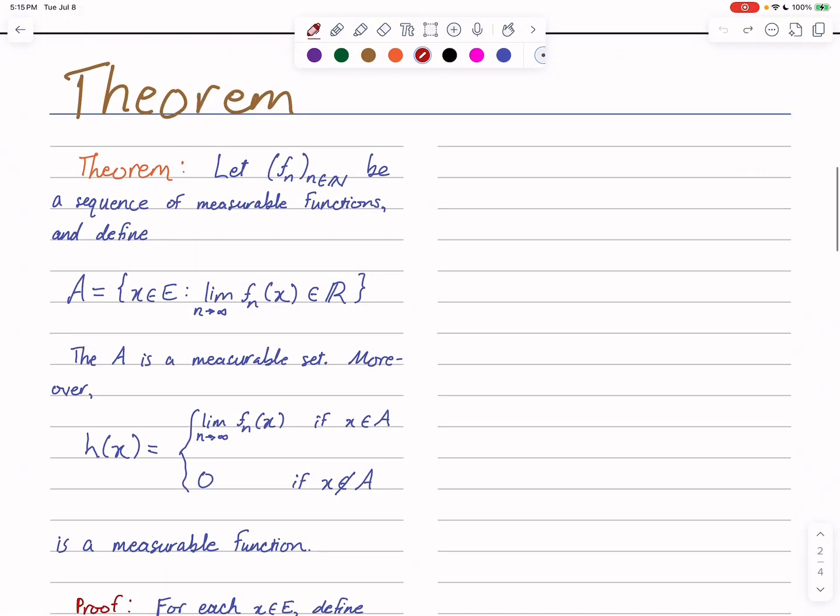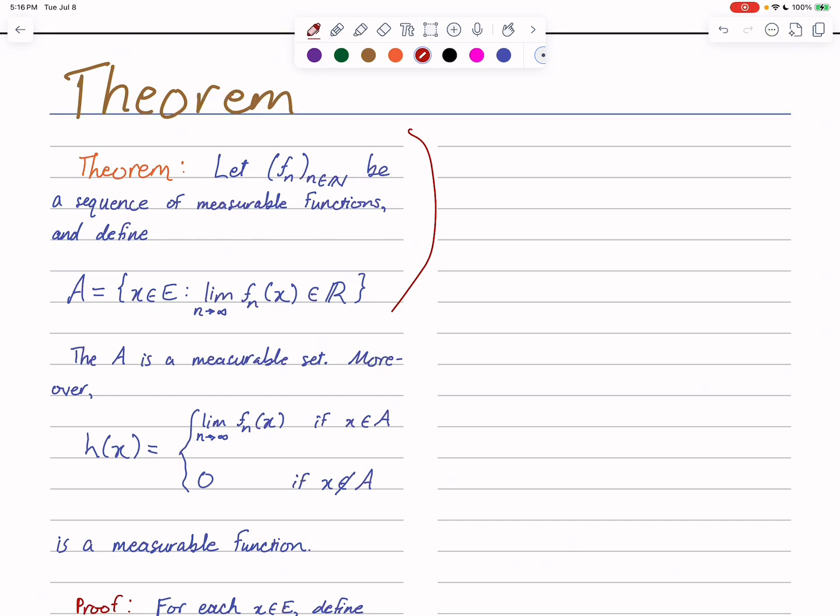Now we're going to prove a theorem which briefly says that if you take a sequence of measurable functions, the set of points at which the sequence converges is a measurable set. So if you take this sequence of functions, look at each point, and decide whether or not the sequence of functions converges at that point.